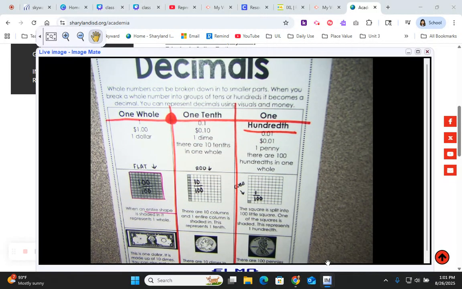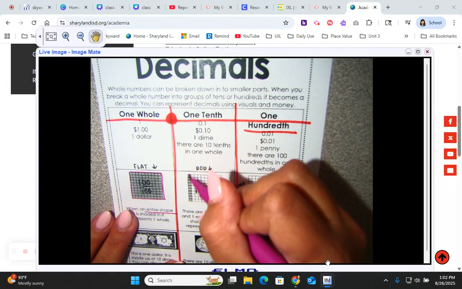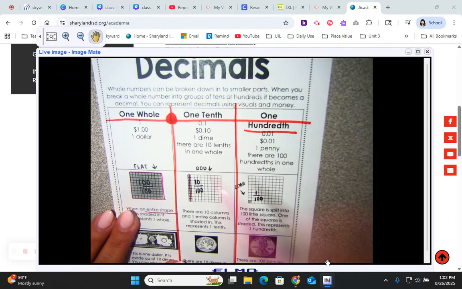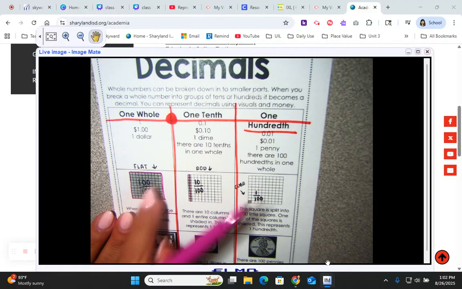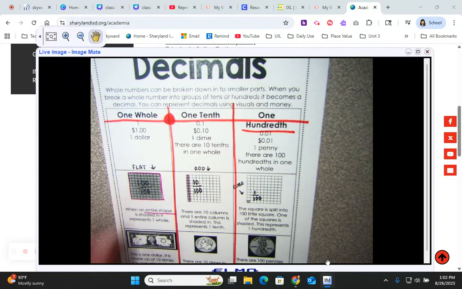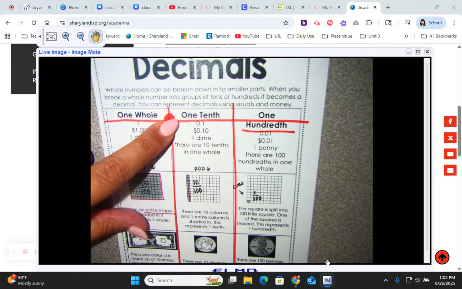I need 10 tenths to make 100. This is 1/10, 10 out of 100, but I need 10 of them in order to make a whole number. So let's say that out loud. I need 10 tenths to make one whole.